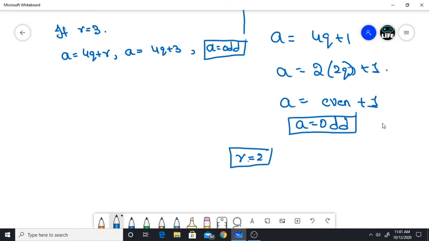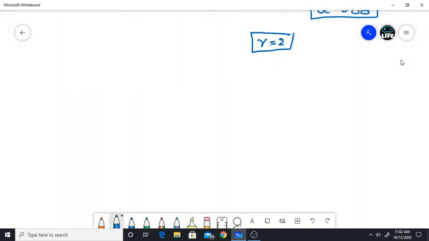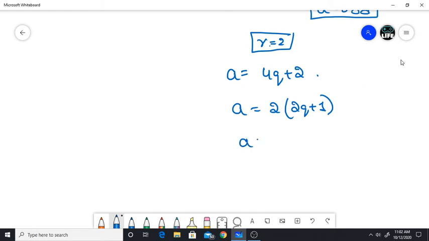If r equals 2, a equals 4q plus 2. Then a equals, taking 2 as common, 2 into 2q plus 1. Multiplying any integer with 2 gives you an even number. So even.